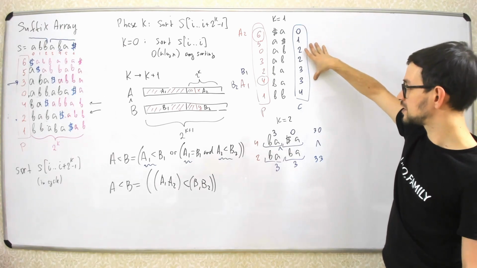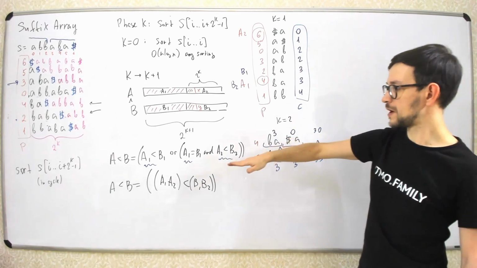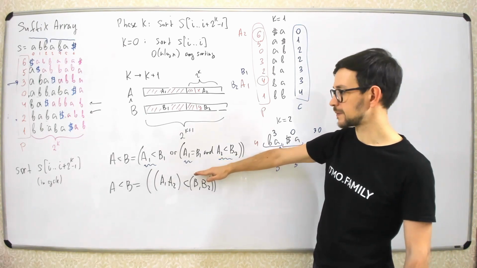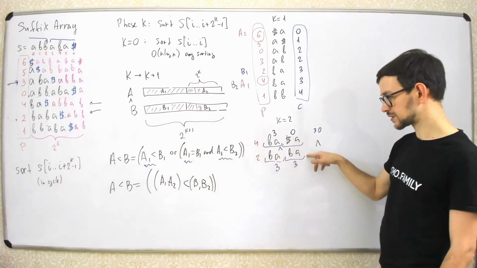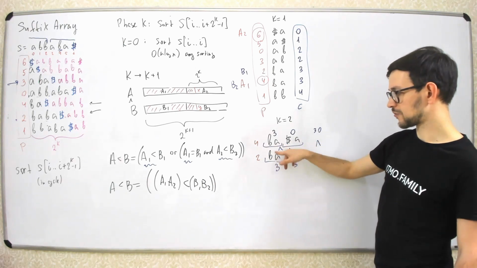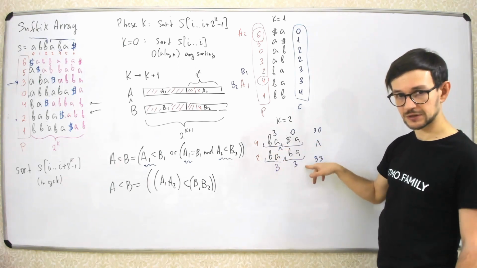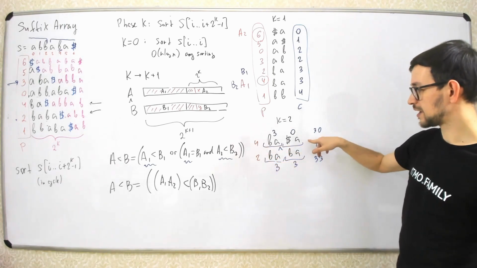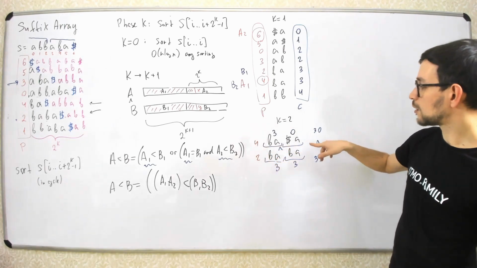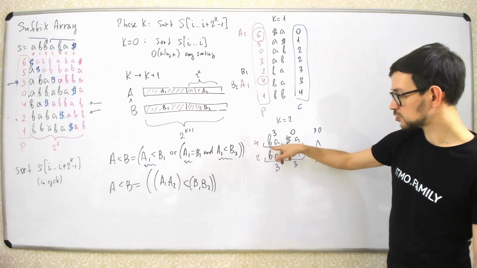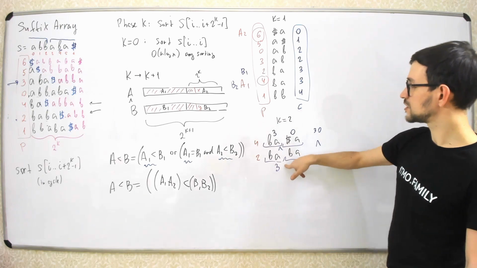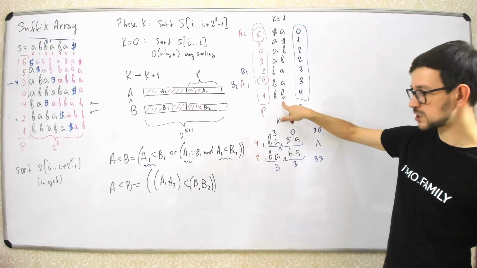Now we use this array C to make this comparator. This comparator works like this. It takes these two strings, looks at the first half of the strings and the second half of the strings. If the first half is the same, then it compares the second half. How to compare these two strings? These two strings are strings of size 2 to the power of k. We can find these strings in this array just by using these indices.